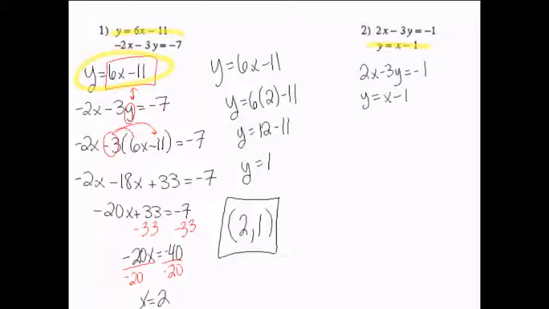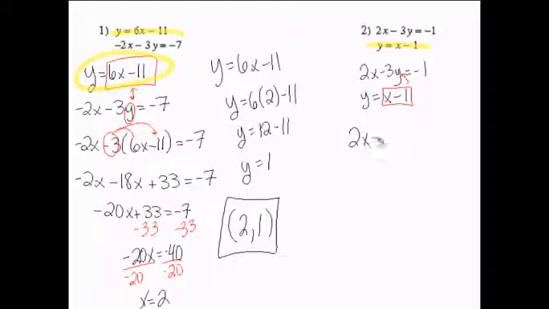Okay, when I look at this next problem, again, I was looking for that letter by itself, that y, or an x. Y equals x minus 1, so I'm going to replace that y with the same value of y, which is x minus 1.